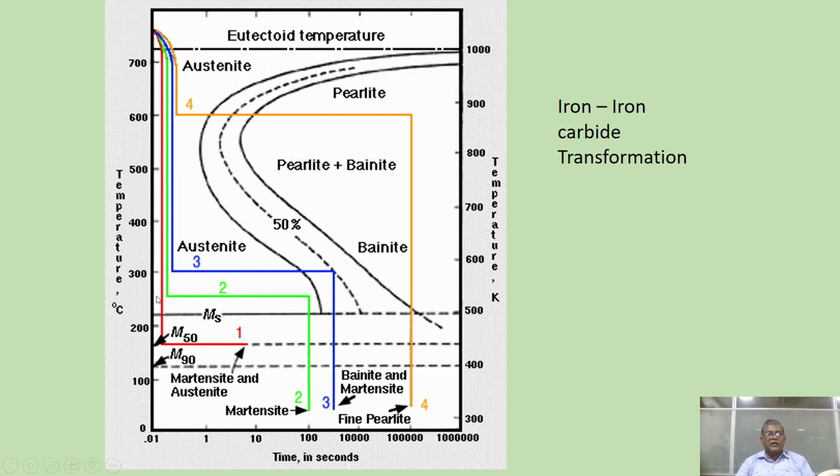If it is 100% martensite, cooled rapidly below this, probably around 150, then after that you maintain that temperature so that entire austenite is transformed into martensite. Like that, different cooling temperatures we have to prepare to get a different microstructure.